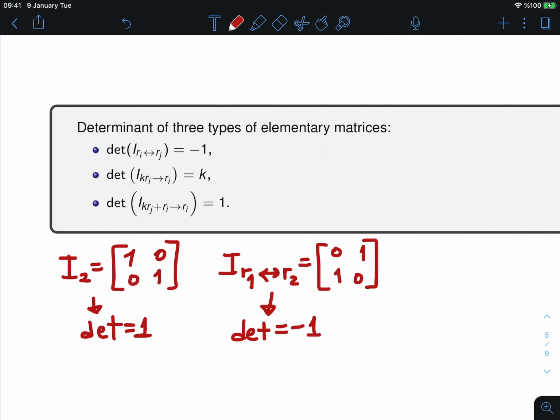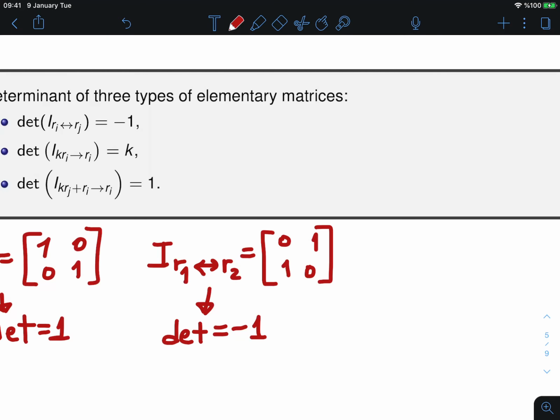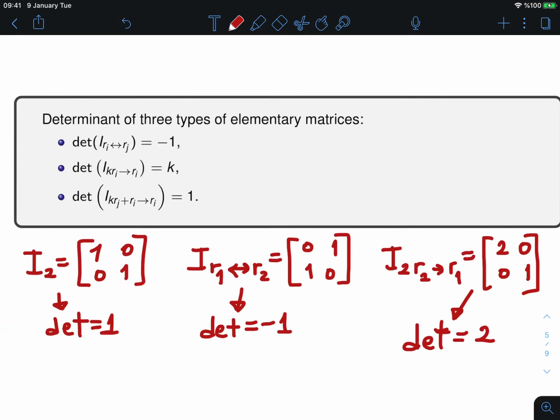For the second rule, for example, if I multiply the first row of the identity by 2 and replace row 1, then I get 2 0 0 1, and the determinant of this is the product of its entries on the diagonal, which is 2.